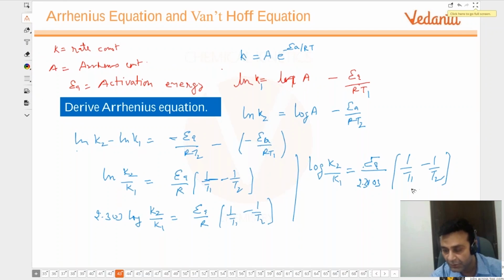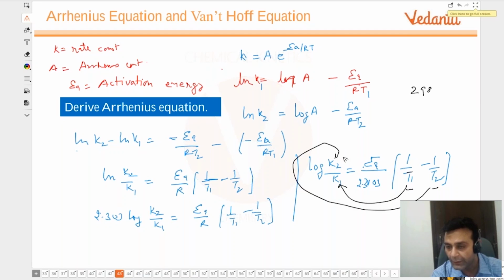If you make the difference of T1 and T2 by 10 degrees Celsius, suppose for a reaction T1 is 298 K and the rate constant is K1, and at T2 it is K2, let it be 308 Kelvin.